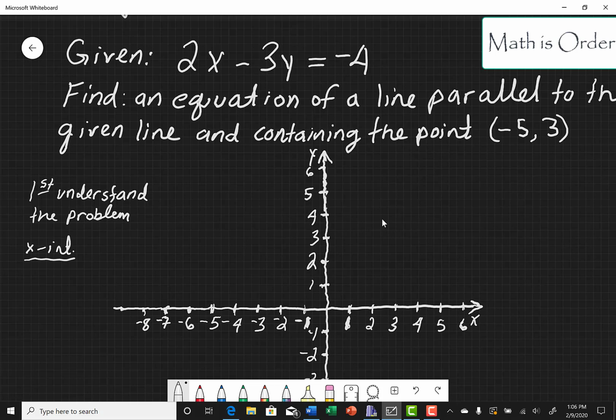When we let y be 0, we're going to have 2x equal to -4, so that x is equal to -2. So the x-intercept is -2, 0. And then let's go ahead and plot that point.